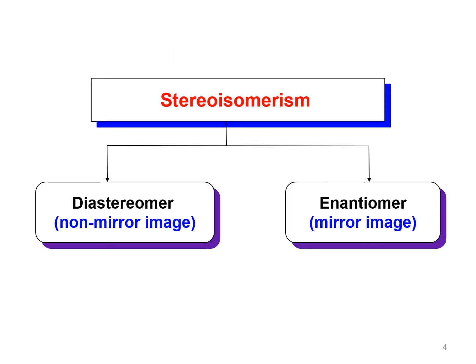There are two types of stereoisomerism. The first one is called diastereomer and the second type is called enantiomer. Diastereomer has isomers that are not mirror image to each other. Enantiomer has isomers that are mirror image.